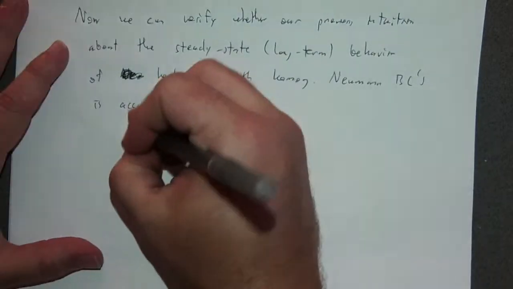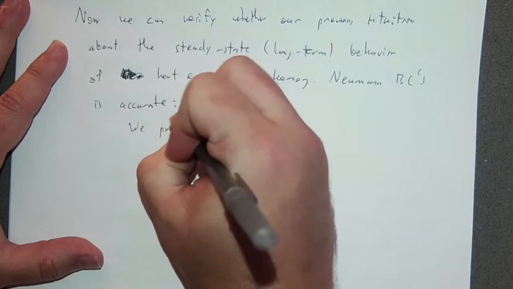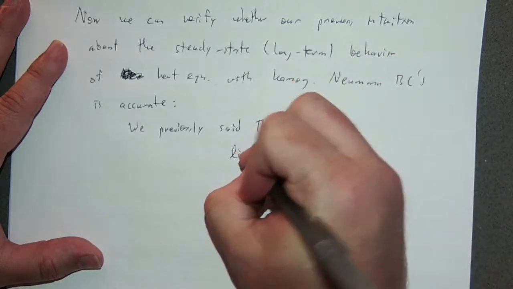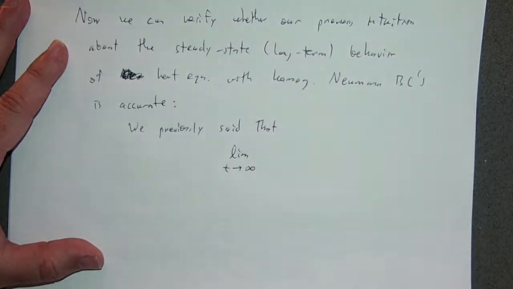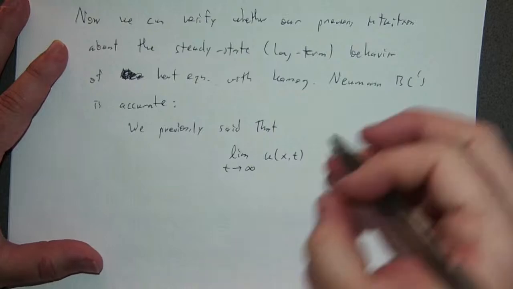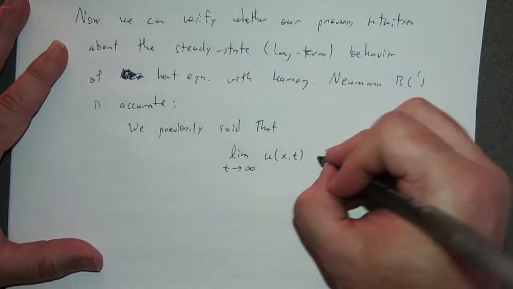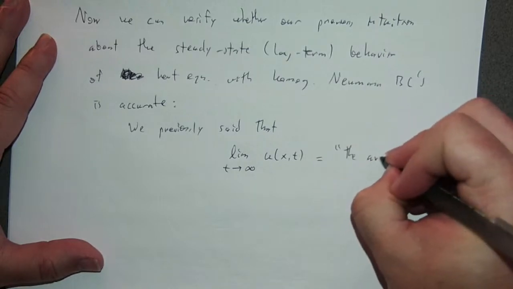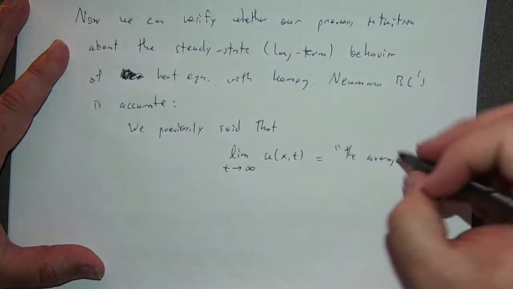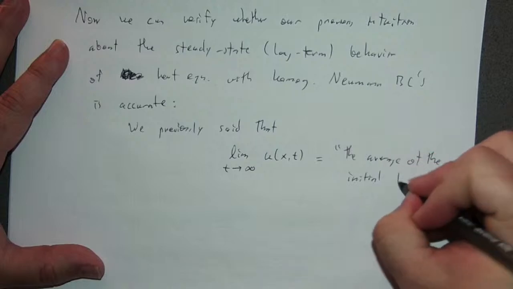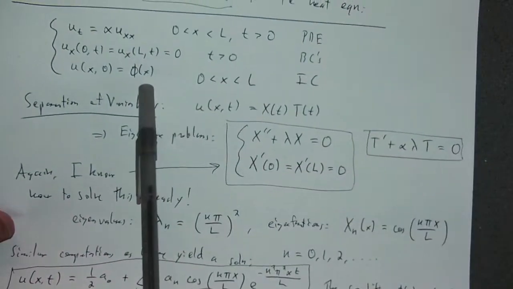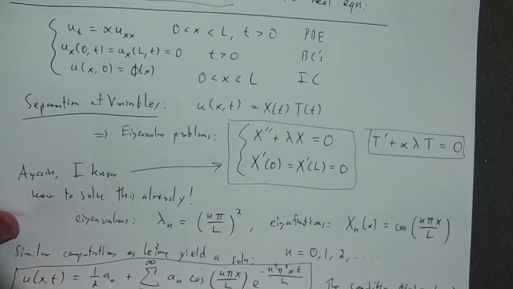That's what we previously said. We previously said that the limit as t goes to positive infinity of u of x, t is what we call the steady state solution, and that this should be the average of the initial temp, where by initial temp we mean the temperature prescribed at t equals 0 by this function phi of x.